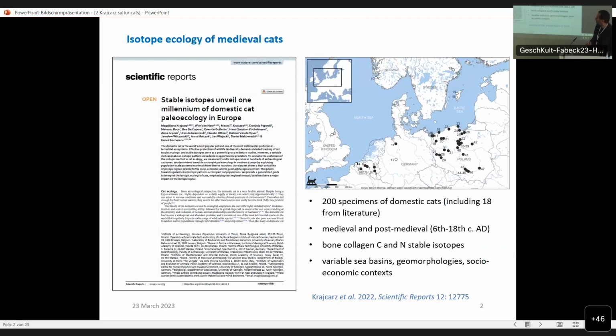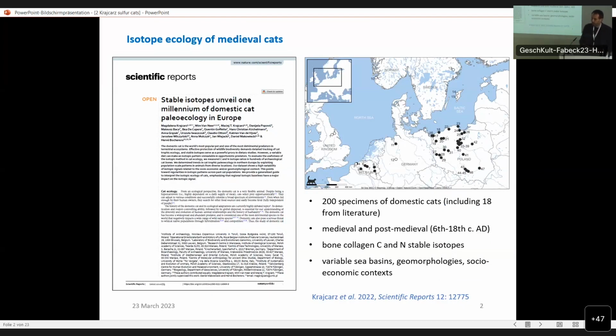So this is the paper we published last year, where we tried to track domestic cat ecological types using medieval and early post-medieval cats from the northern part of Europe.